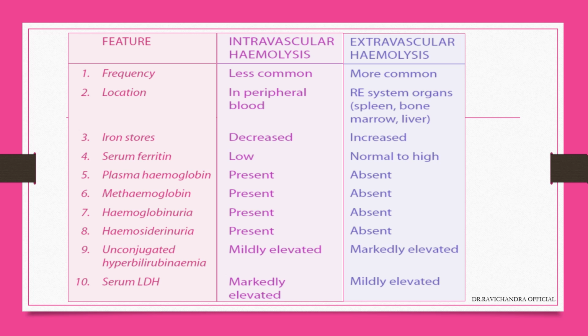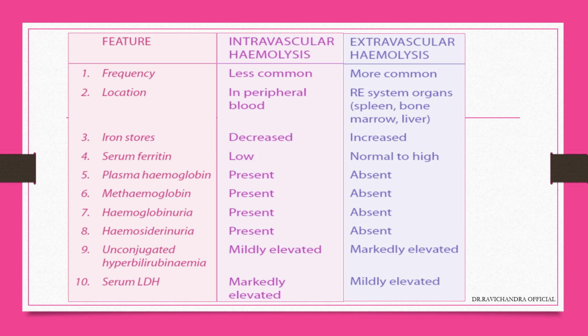Extravascular means outside the blood vessel, in the reticuloendothelial system, organs like liver, spleen and bone marrow. The iron stores will be decreased in intravascular hemolysis, whereas they are increased in extravascular hemolysis. Serum ferritin will be low in intravascular hemolysis, whereas it is normal to high in extravascular hemolysis.